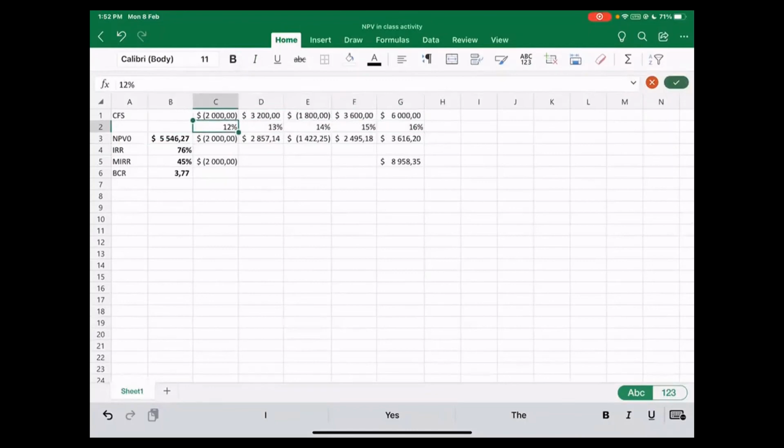If there was, for example, 12% for all years, like 12, 12, 12, we could raise to the power to discount these cash flows. But as you can see here, there are different interest rates. We have to discount each cash flow with a different rate for each year. Yes, thank you, got it. Thank you so much, Almat. Continue.